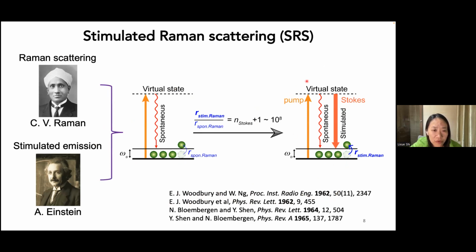When the energy difference between the two beams matches the vibrational energy of the chemical bond, the Raman transition rate is facilitated proportional to n Stokes, the average number of photons in a mode of the Stokes laser, which is roughly 8 orders of magnitude. Of note, such a large quantum amplification is already comparable to the electromagnetic enhancement factor in surface-enhanced Raman.